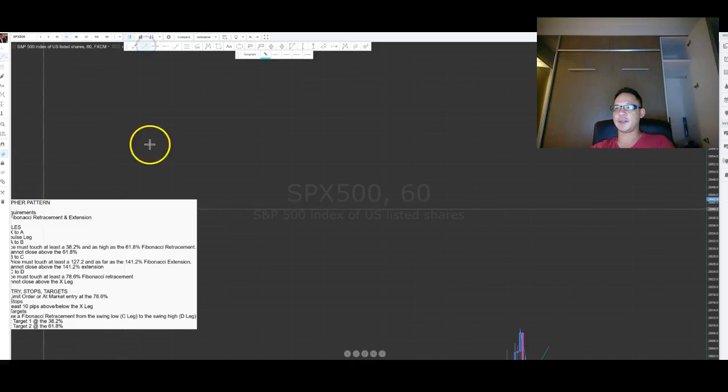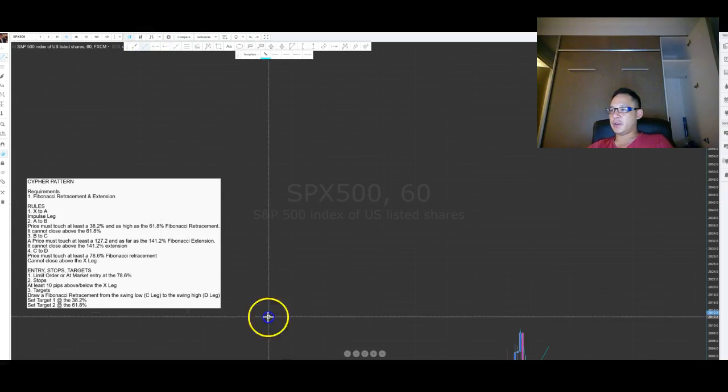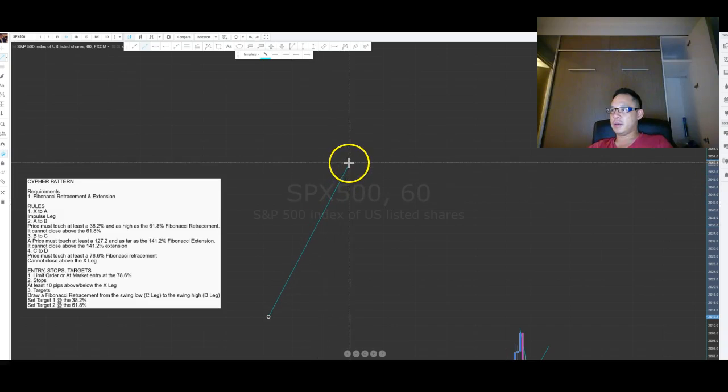Let's just say, initially, for the X to A leg, I'll do a bullish Cypher pattern, right? So there's a bullish and a bearish, right? So for the bullish pattern, you get your initial impulse leg, right?